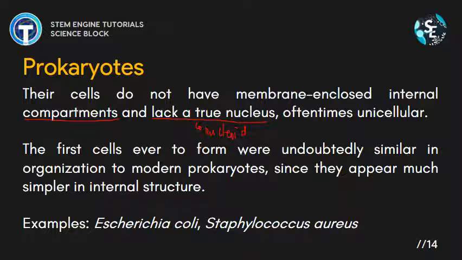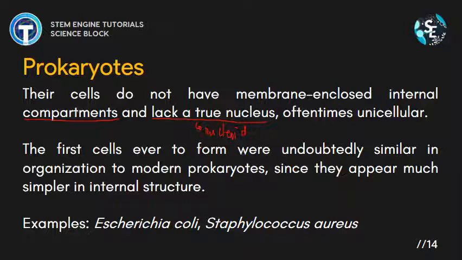So first, let us define what is a prokaryote. Prokaryotes, their cells do not have membrane-enclosed internal compartments. So ito yung primary feature na hindi natin makikita sa prokaryotes. Wala silang compartments. Kumbaga, kapag tinignan natin ng isang cross-section ng mga organelles ng isang prokaryote, nakasabog lang sila doon.